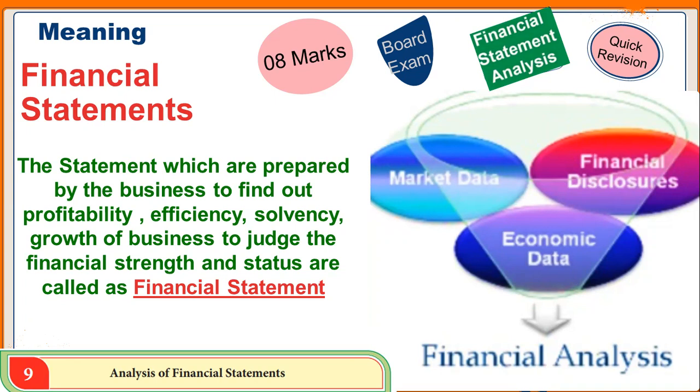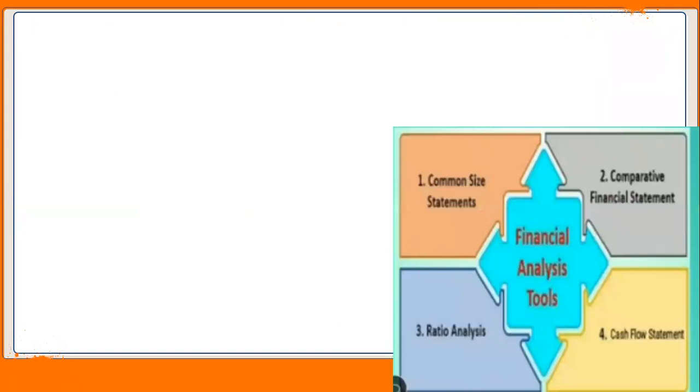So it is called financial statement. It further gives a complete picture of financial position and managerial performance and is prepared for presenting the annual report by both profit and non-profit organizations.